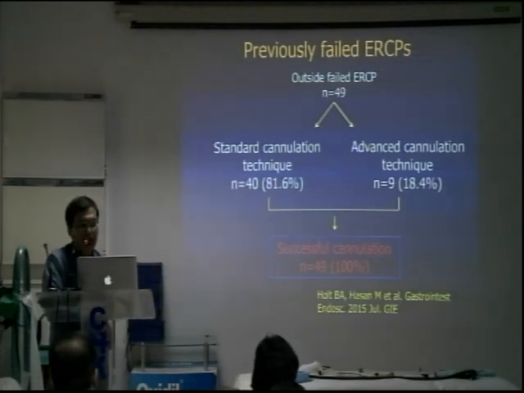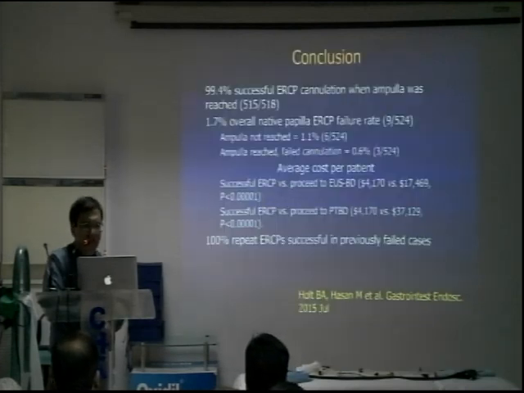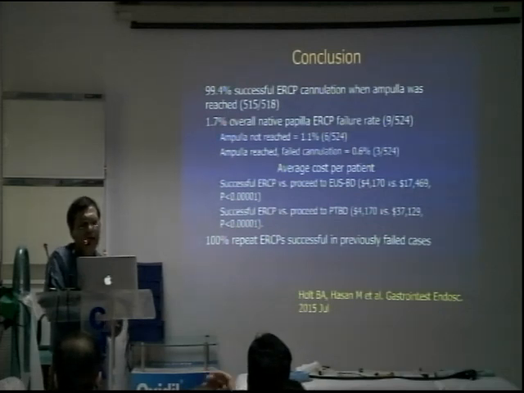So overall, in these failed cases, cannulation success was 100%. Overall, ERCP cannulation when ampulla was reached, you can see more than 99%. Okay, and overall, native papilla ERCP failure very minimal.